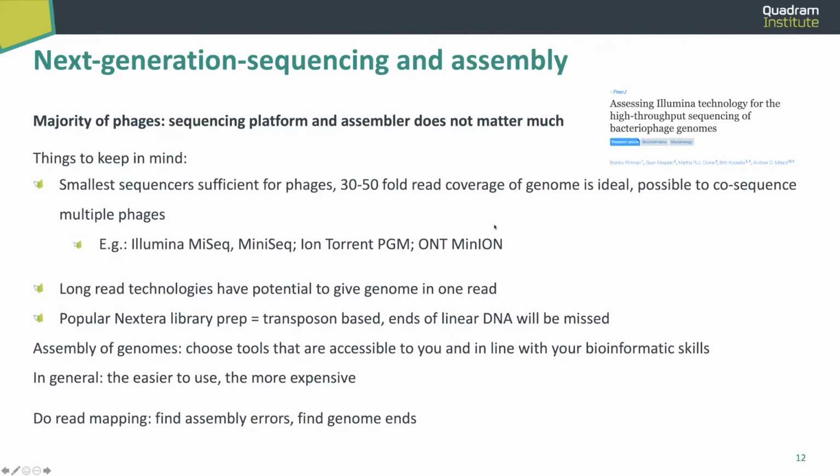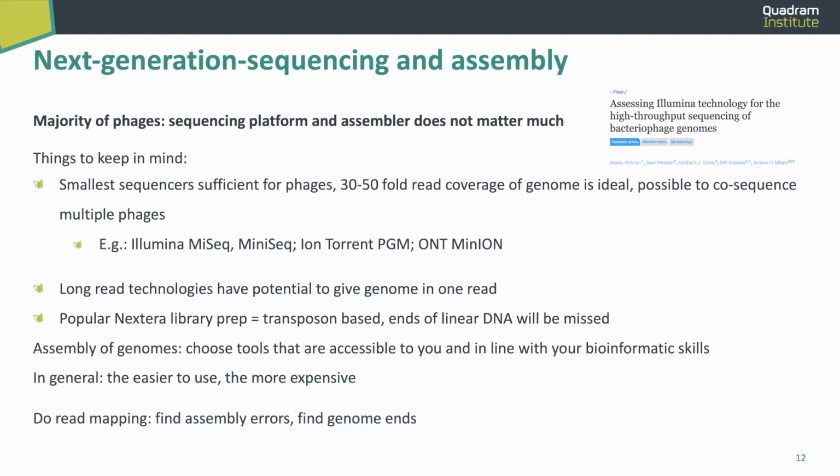So for the majority of phages, the sequencing platform and the methods that you use to assemble your reads don't matter that much. And there are a couple of things to keep in mind. For example, phage genomes are small in comparison to bacterial genomes and definitely in comparison to eukaryotic genomes. So the smallest sequencers are mainly sufficient for bacteriophages.